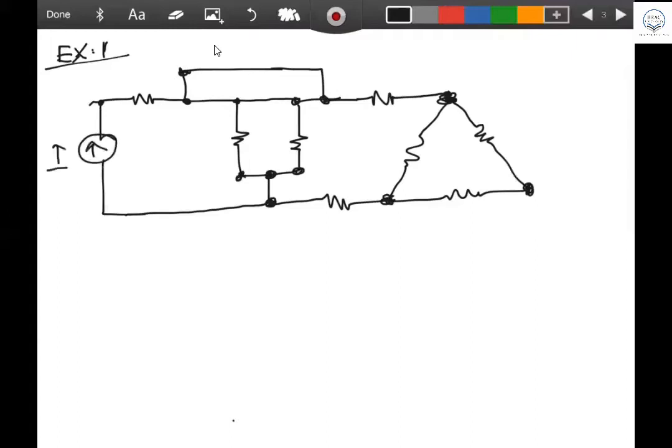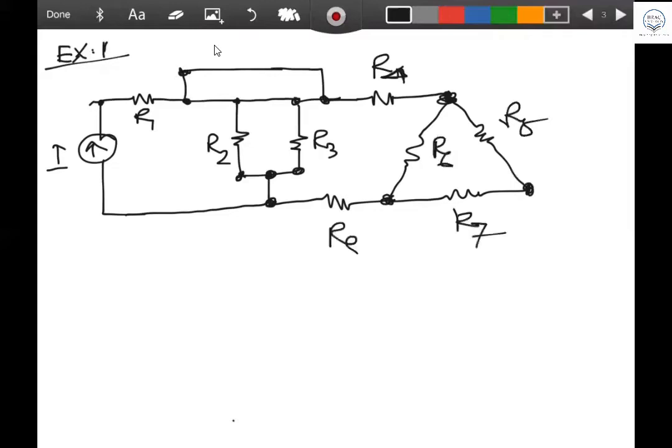This is R1, R2, R3, R4, R5, R6, R7, R8. Okay, these are the resistances. Now the question is: find how many branches there are, and how many nodes there are.